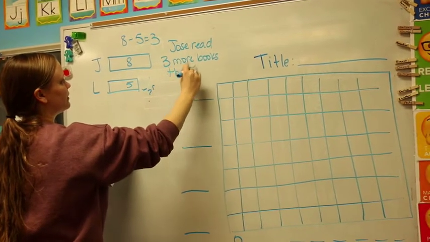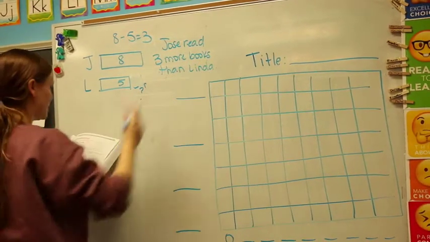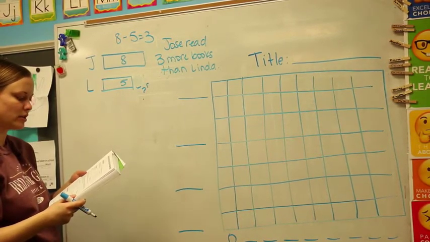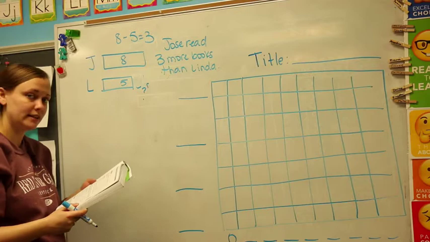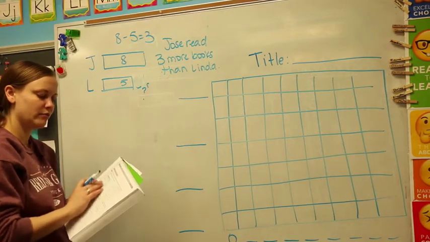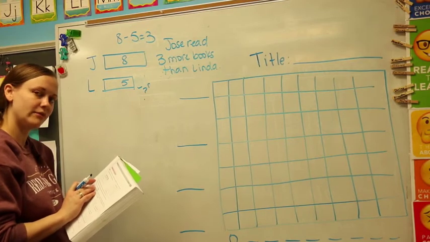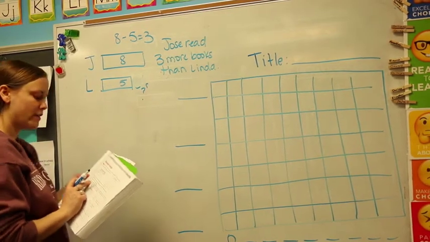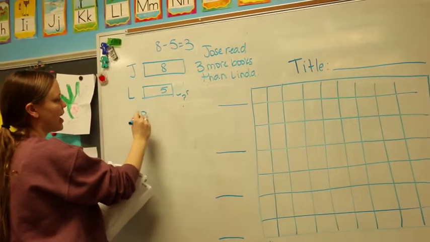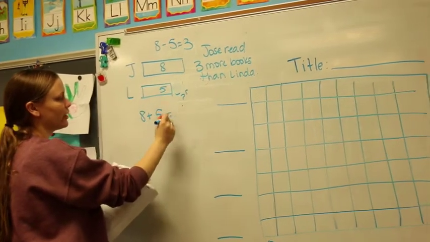than Laura. The next question says, if Jose, Laura, and Linda read 21 books altogether, how many books did Linda read? If you notice in that tally mark chart, the number of books read in that table, they left it blank. Jose read 8 and Laura read 5, so we have to add those together.